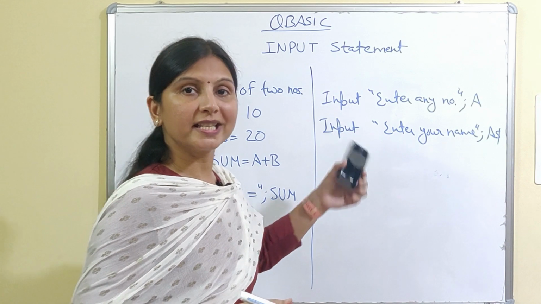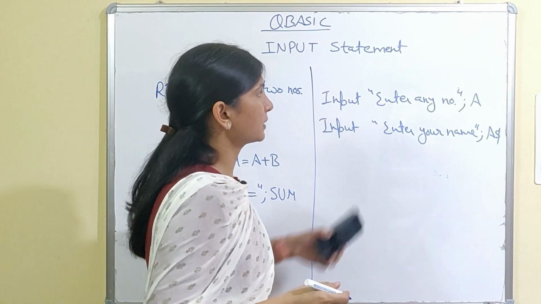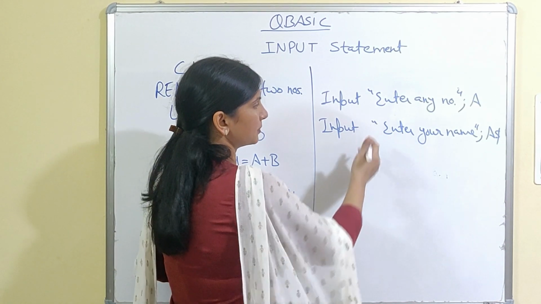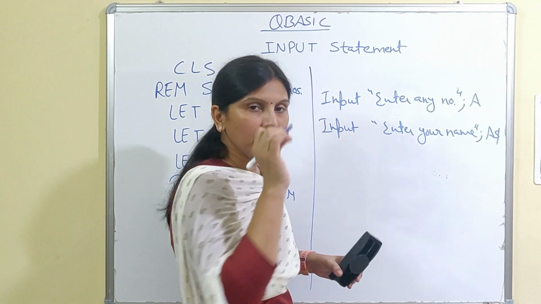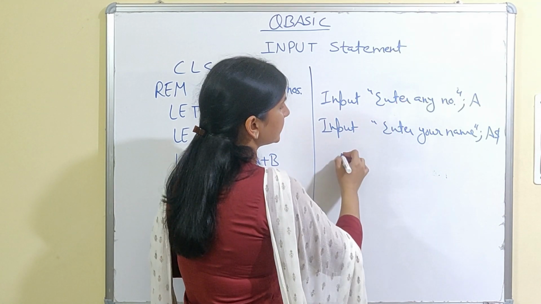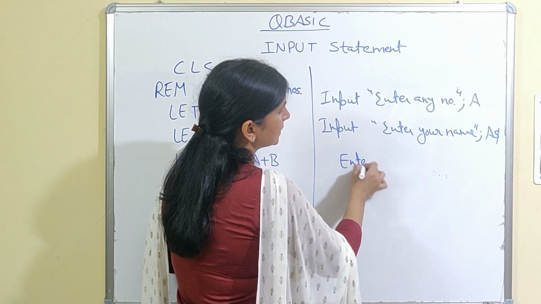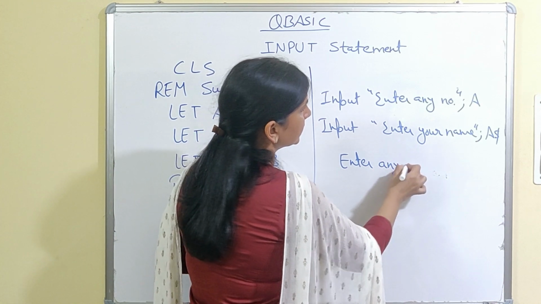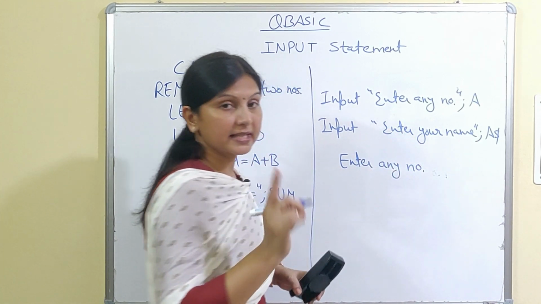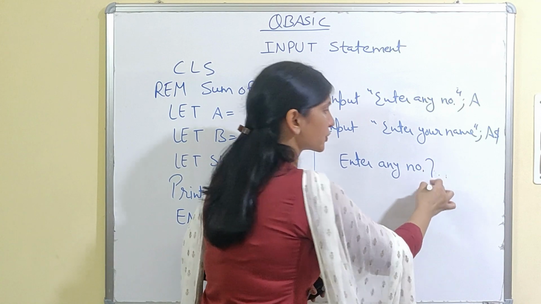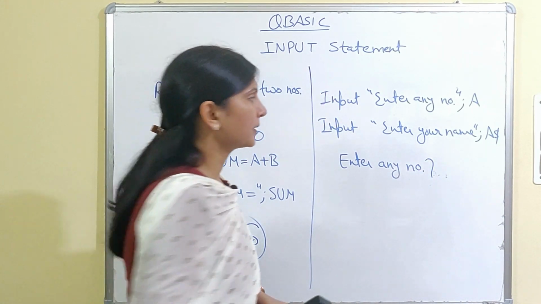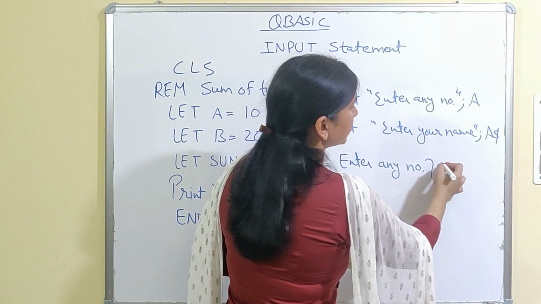Now, how are these statements different from the previous one? When you run these statements, then instead of only a question mark, you will first get the message "Enter any number" and then the question mark. Then suppose I have written here 20.